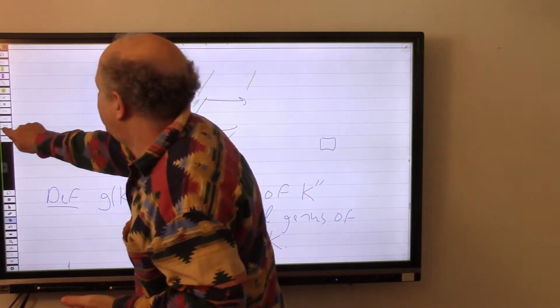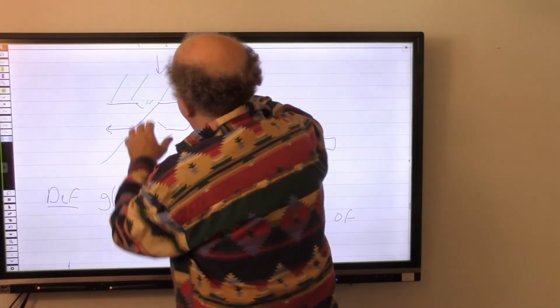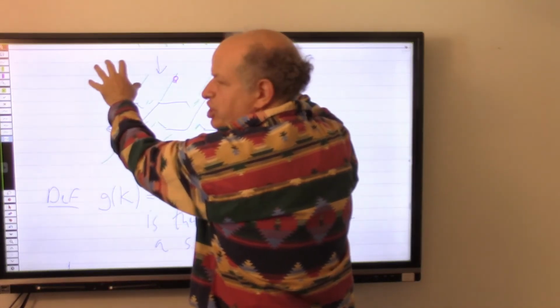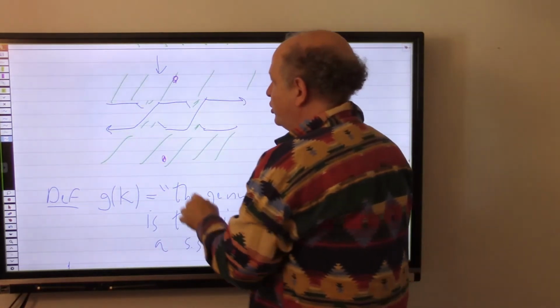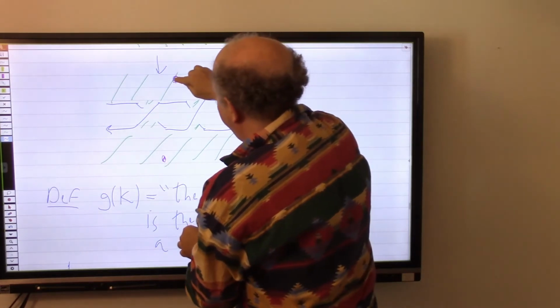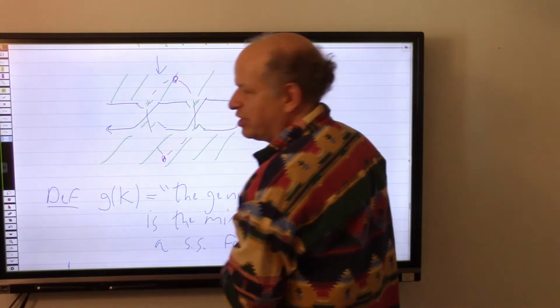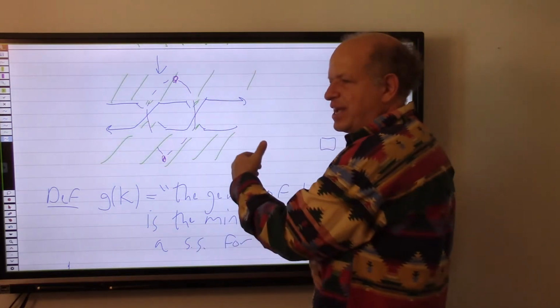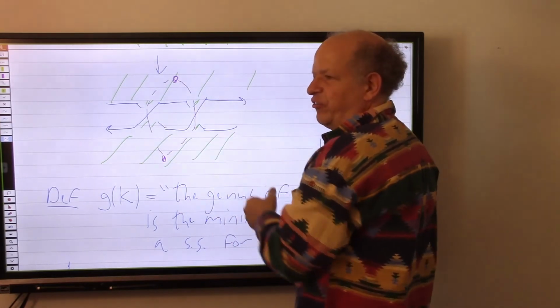If this was a face of the original Seifert surface, and this was a face of the original Seifert surface, I could put a vertex in the middle of each one, and then this construction adds two edges to the graph that you can contract the surface to.